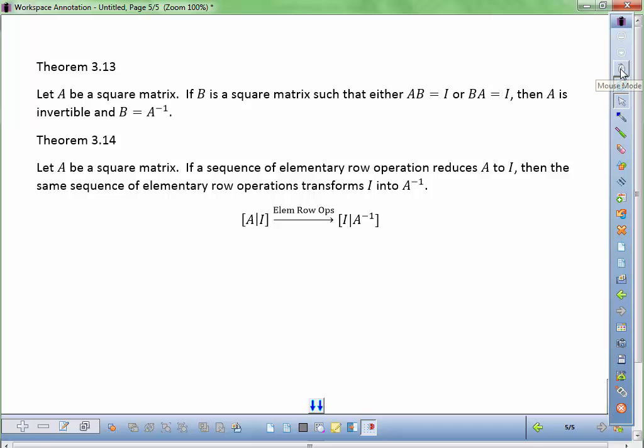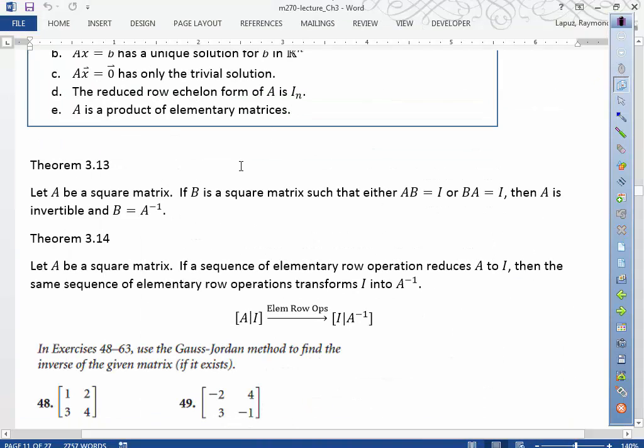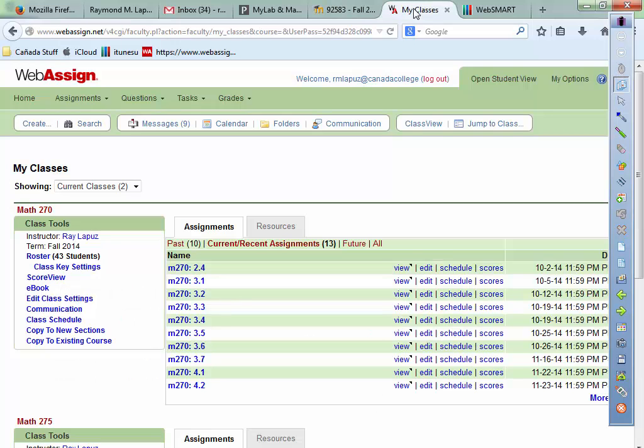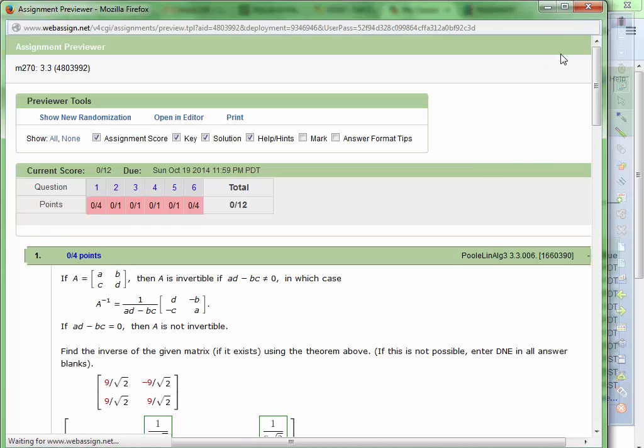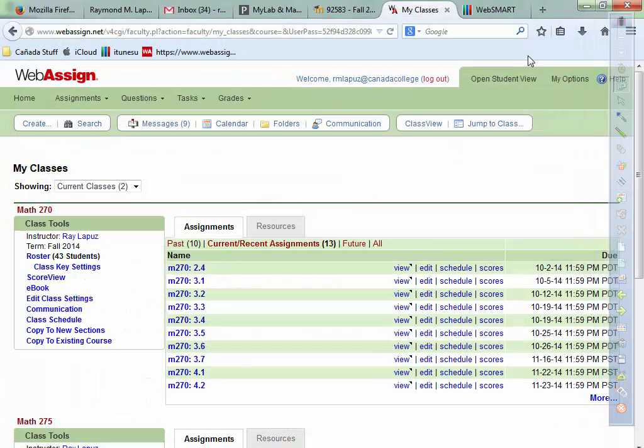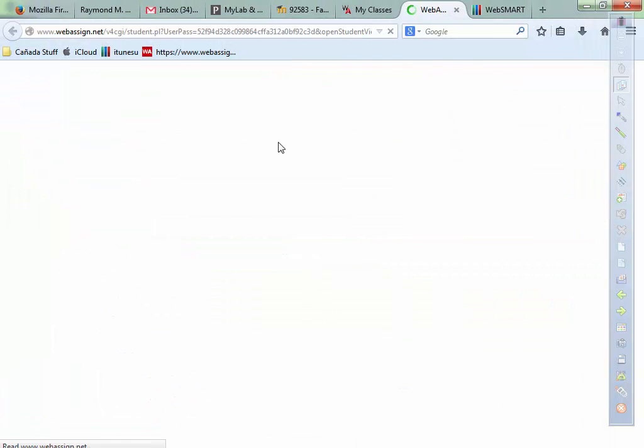I was interested in seeing if there was a problem that we can do from homework from this section. This is 3.3. Oh, I didn't get my stuff ready. What do I want? These things are going to have the answers. I have to look at the student. I think you could check right at the top.